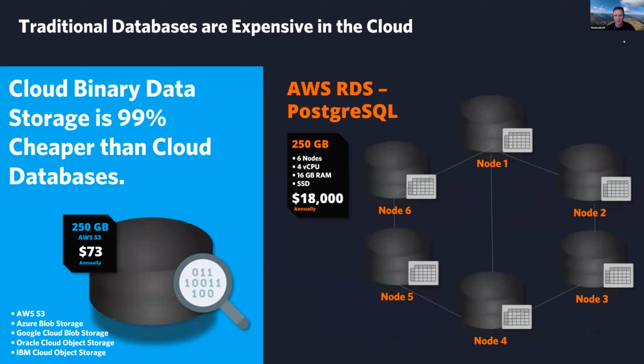Storage is cheap. There is an alternative provided by the cloud vendors. The cloud binary data storages like AWS S3 are much cheaper because we only need storage. 250 gigabytes on AWS S3 costs only $70 per year. This is almost 99% cheaper than the comparable database as a service.